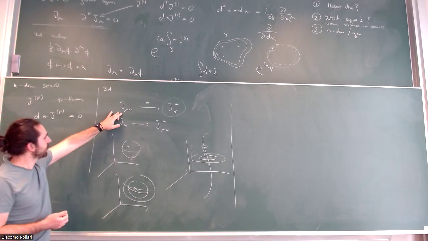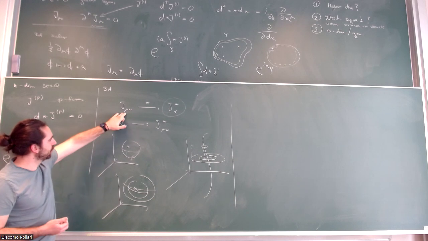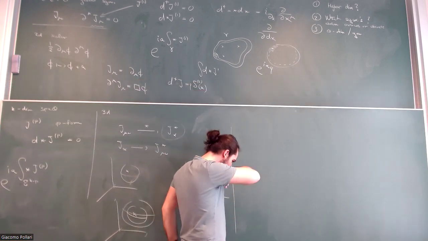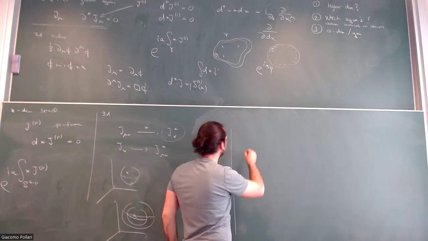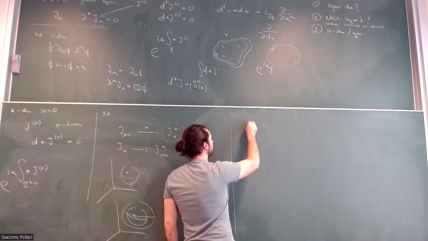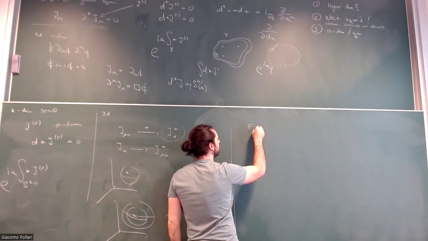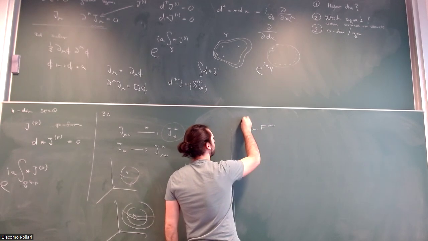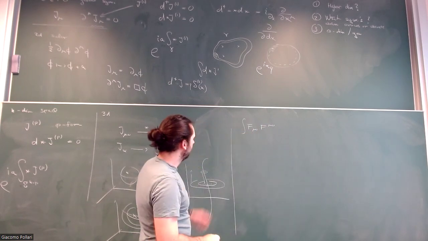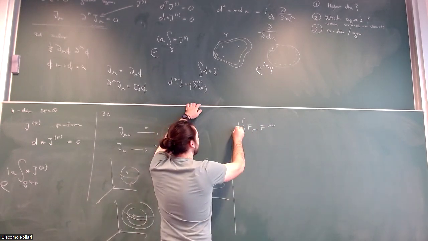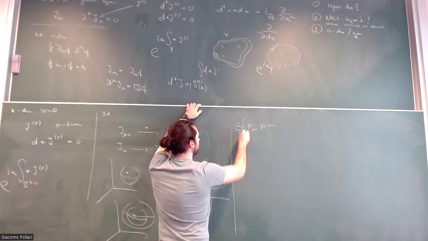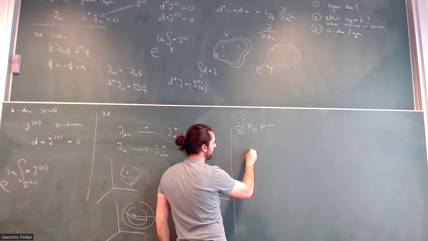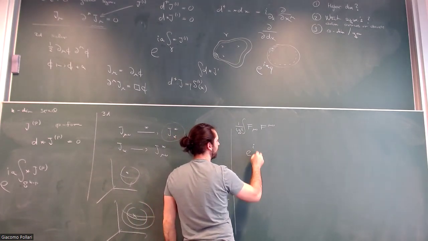Okay, so maybe I'll just give you an example of what this object is in 3D Maxwell. As we said, there's this object we can make, which is the Wilson line.